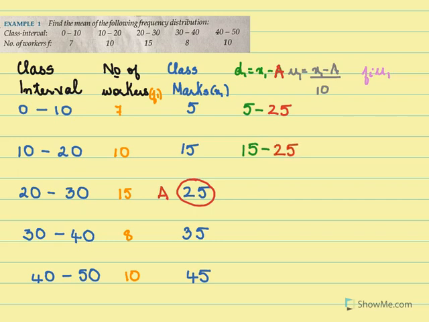For the next interval, your xi is 25, assumed mean is 25, so 25 minus 25. Next is 35 minus 25. And for the last, 45 minus 25.